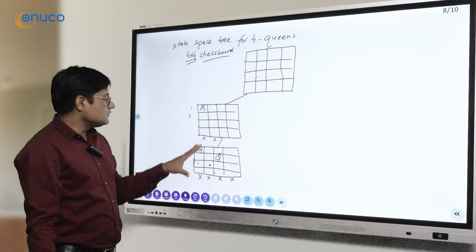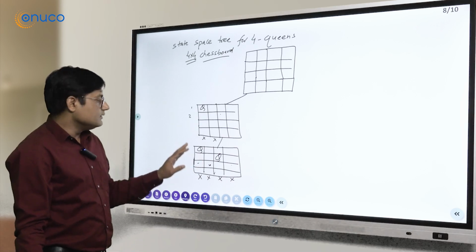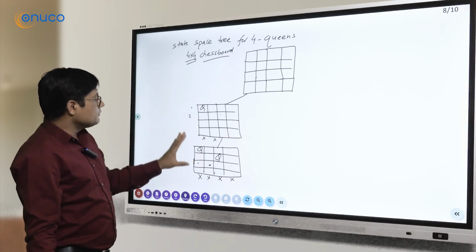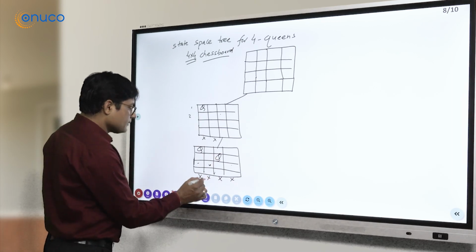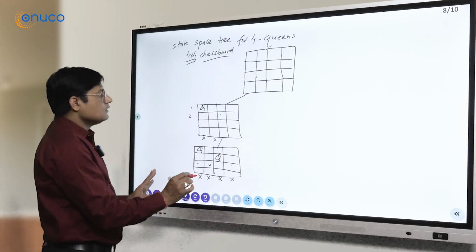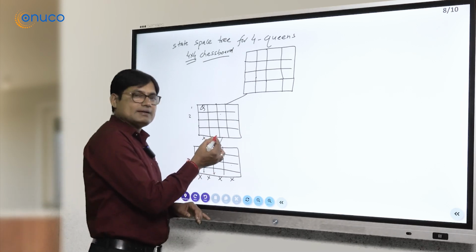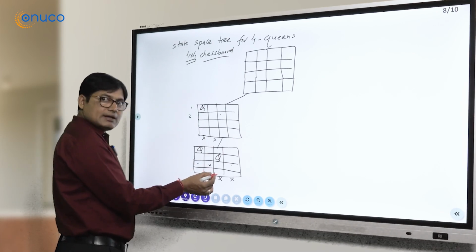So out of these, how many queens are you able to place? Only 3 queens, right? In that case, out of 4 you are able to place 3 queens, hence we are not going to get any solutions from here, right? So hence we will start doing backtracking. Why do we start backtracking from here?